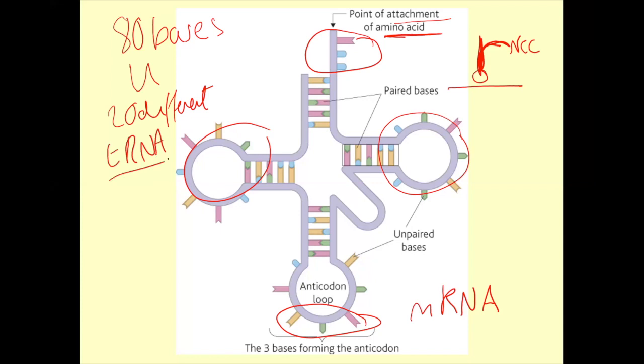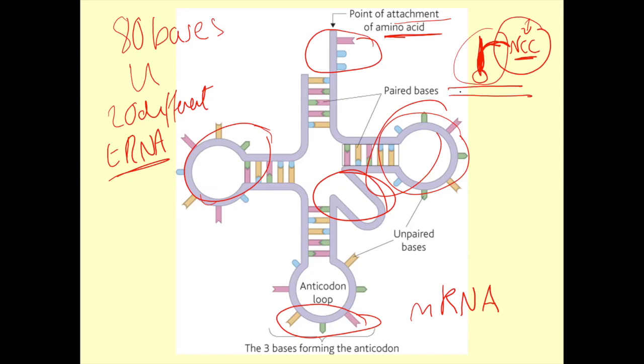So where does the difference come from? Slightly different sequences here, and perhaps here and here, mean it folds up slightly differently. And so, like everything in nature, the shape of this tRNA is going to determine which amino acid, which enzyme, because an enzyme is going to join the amino acid here to the tRNA, and then the tRNA is going to join to the mRNA here.